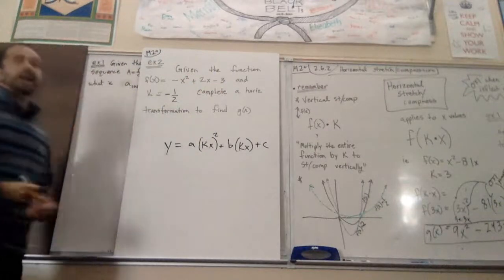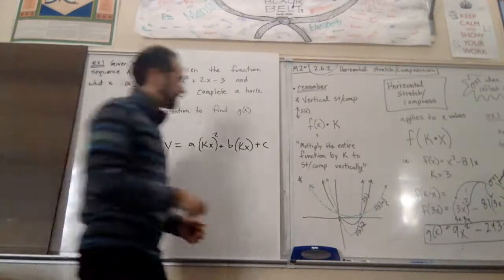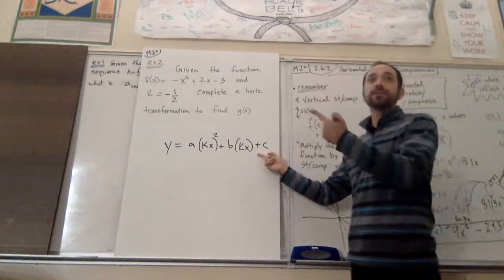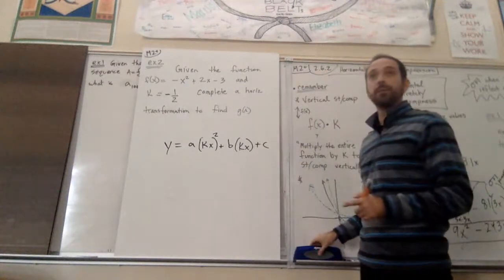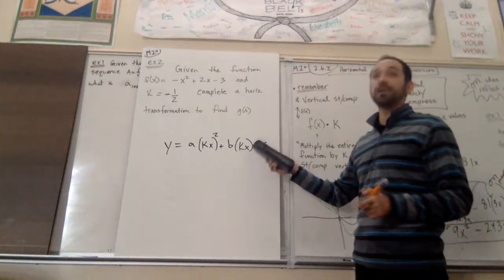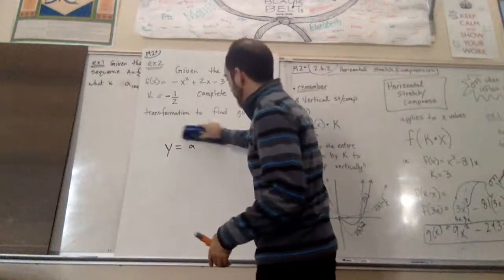K is negative a half. So there's a lot of negatives, but we can do it. Complete a horizontal translation. This was just the function I said to use to create the sliders on Desmos. You will need this because remember you're going to graph all these functions using Desmos and then translate them onto some graph paper.